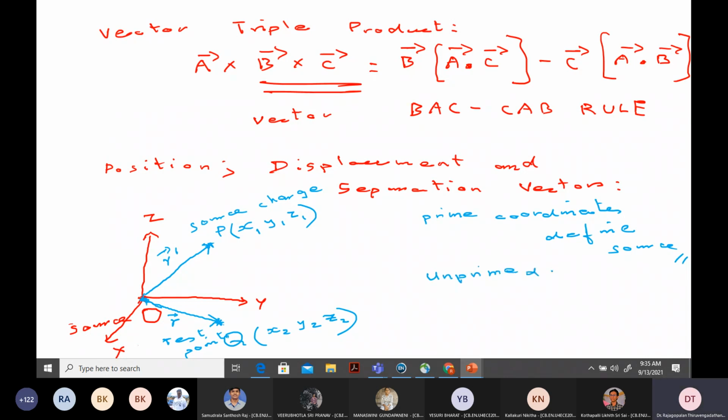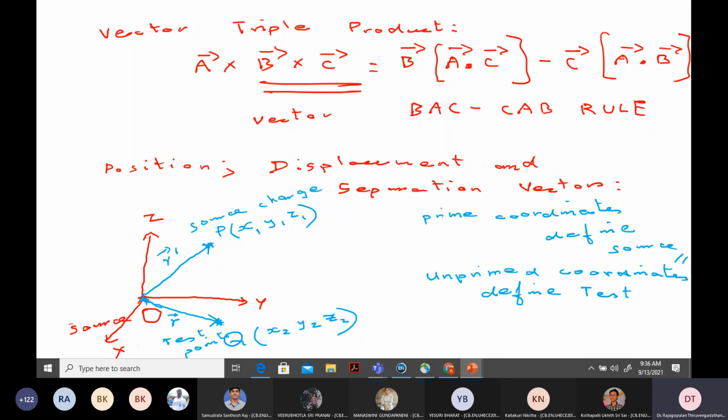I will follow this throughout this course, so please remember this notation: there is a prime here, there is no prime here. Now the position vector of the source with respect to origin O is the vector OP, which is nothing but r prime. Unprimed coordinates define the test.